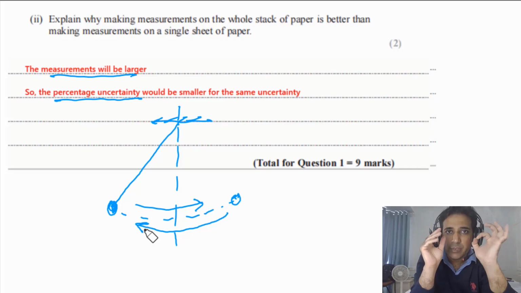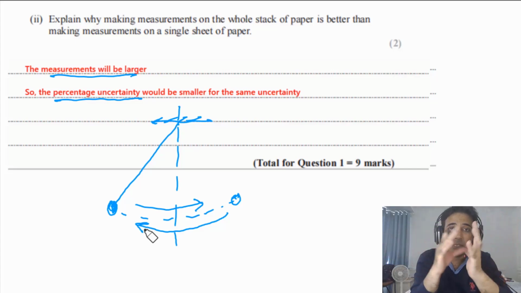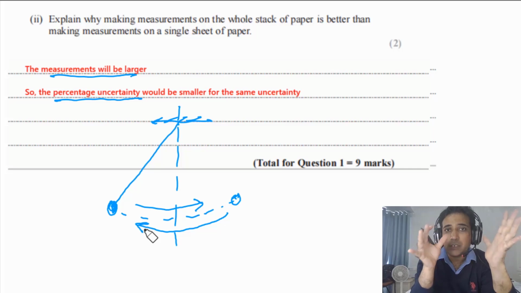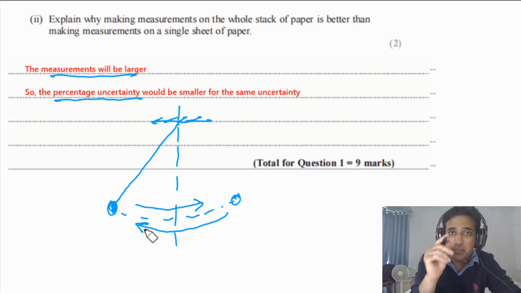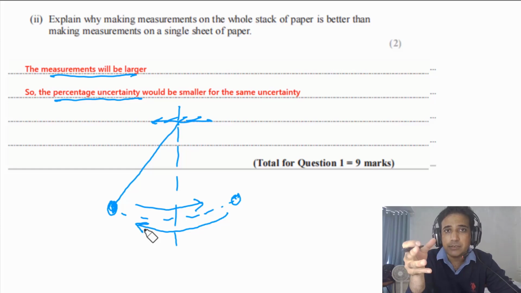When we measure the time period of a simple pendulum, we always measure time for more than one oscillation, at least 5 or 10 oscillations, and then we find the time period. Why do we do this? If we have a higher value of the measurement, we can minimize the percentage uncertainty. The same reason is true for a simple pendulum.